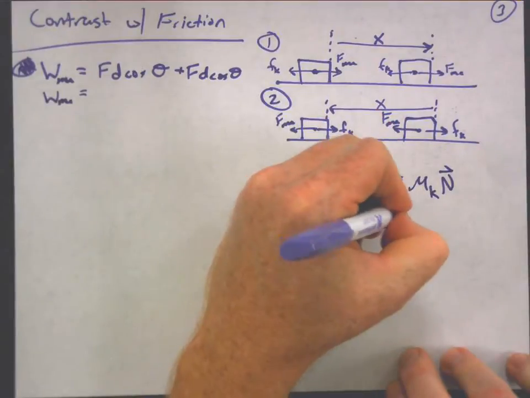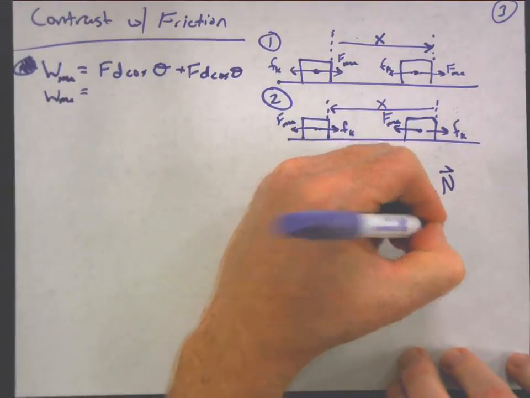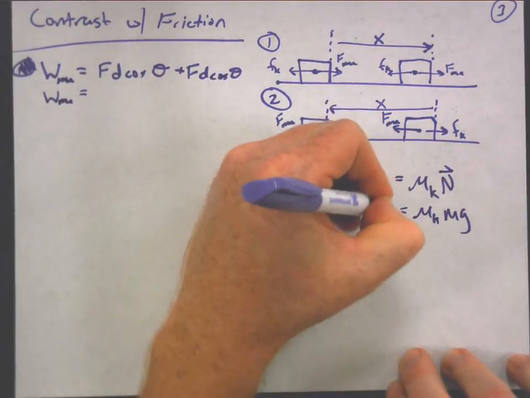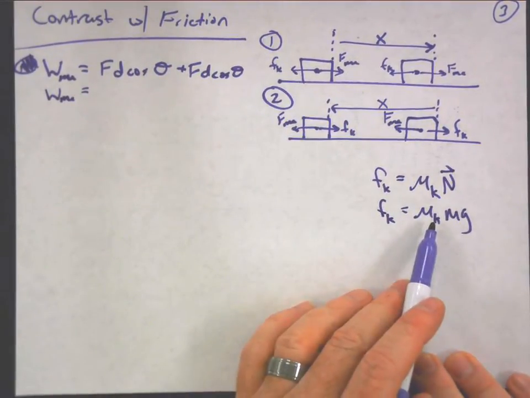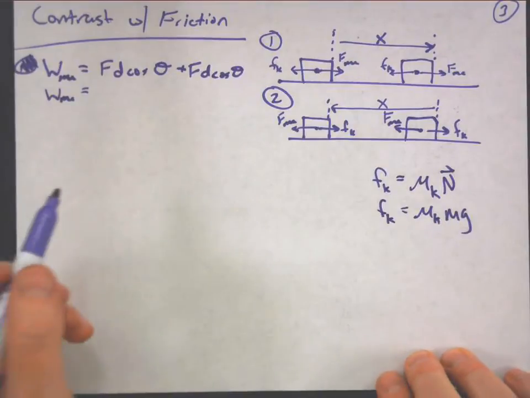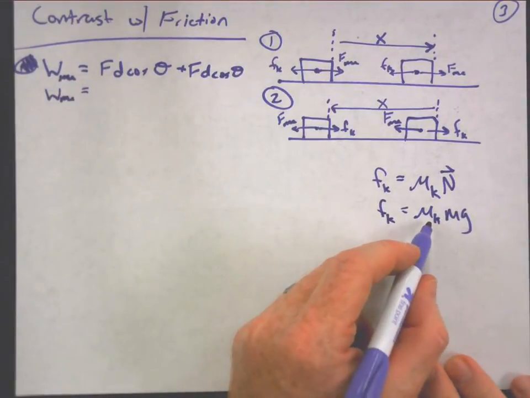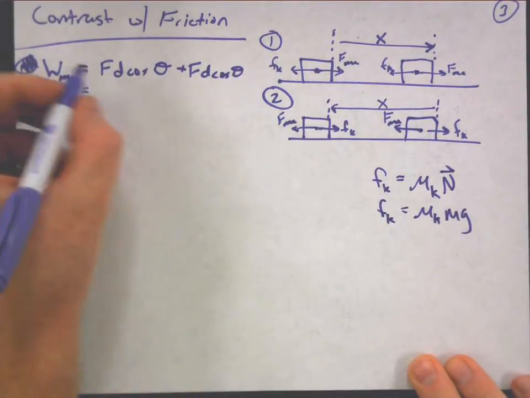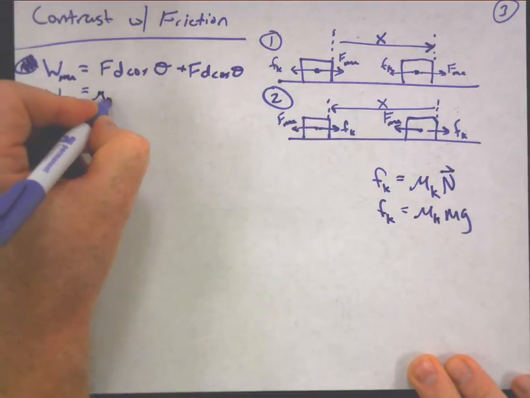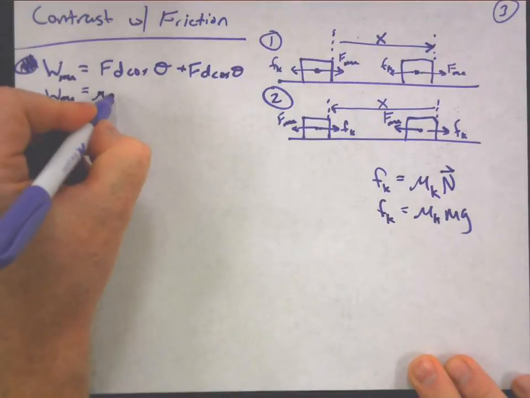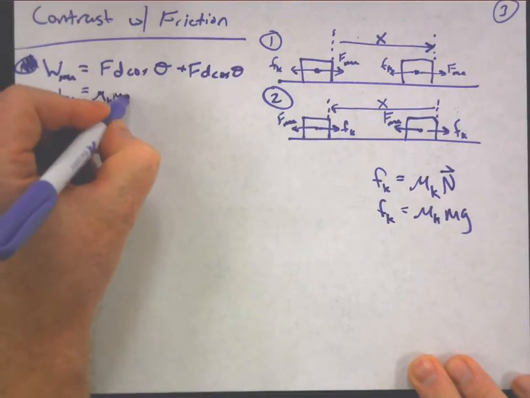Well, what's the normal force? Normal force is mg, so coefficient of kinetic friction times mg. There's my friction force, and I simply have to overcome that to get this box to this new location. So that's my force, is mu mg: coefficient of kinetic friction, times m times g.